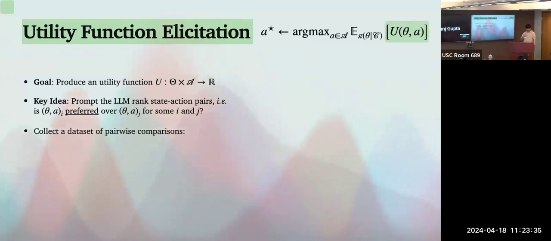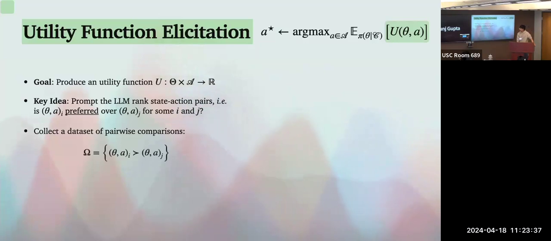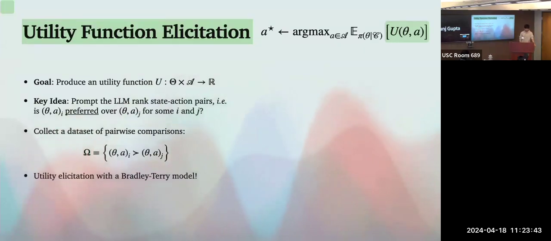And we're going to collect a dataset of pairwise comparisons in this form. So we're going to elicit preferences with a large language model, and we're going to do utility estimation with a Bradley-Terry model.